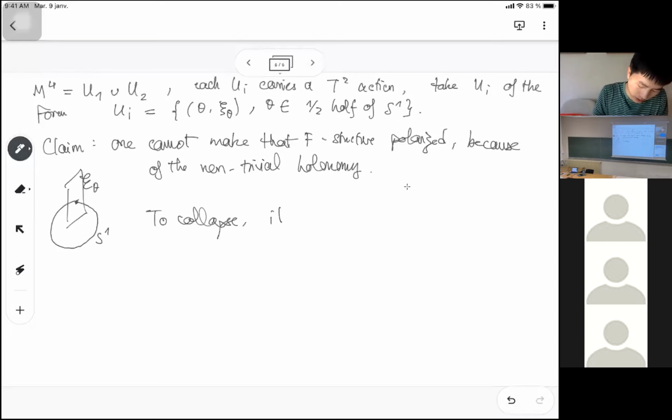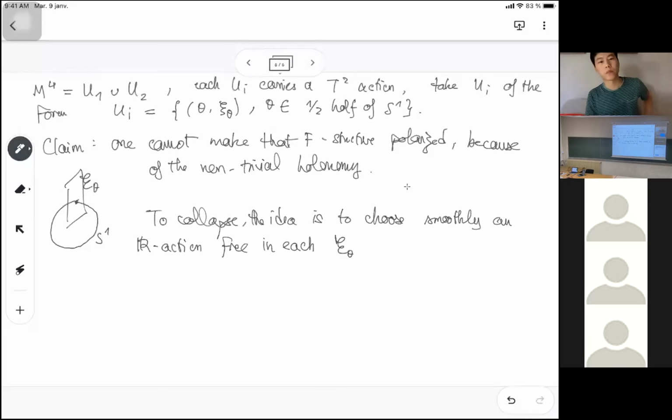Collapse. The idea is to choose smoothly, so continuously in particular, an R action which is free in each E theta. So you want this R action, and the R action is going to induce a vector field, right?